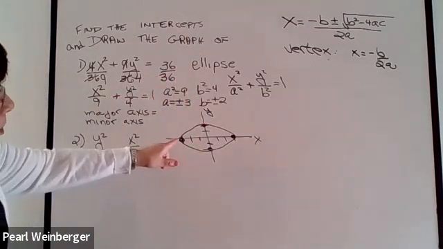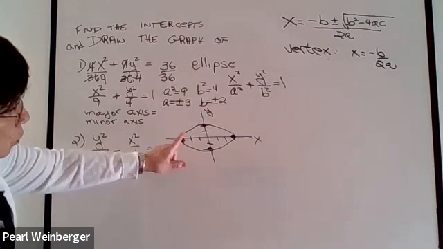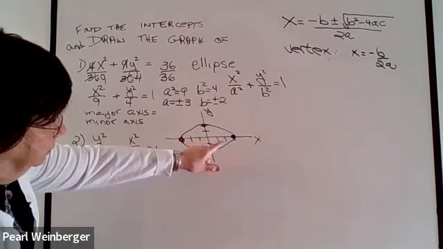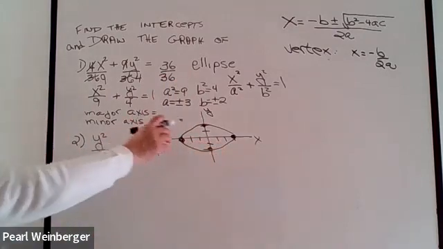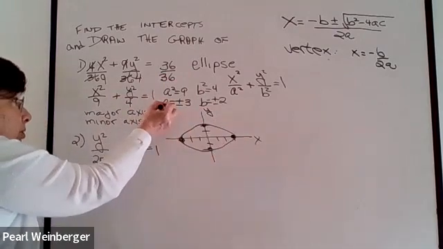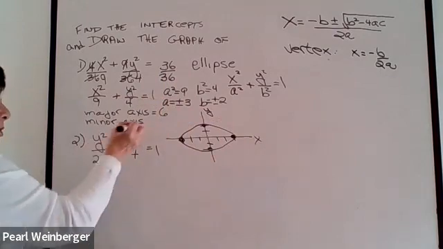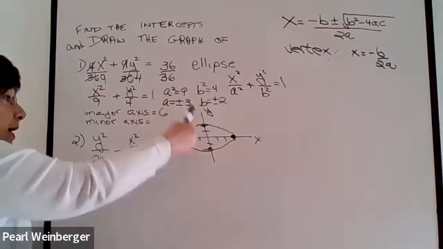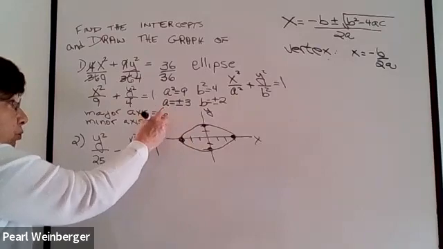If I ask you how long is the major axis, you go 1, 2, 3, 4, 5, 6. Notice it goes from the center 3 in each direction. So the major axis is 6 units long, and the minor axis is just 4 units long.